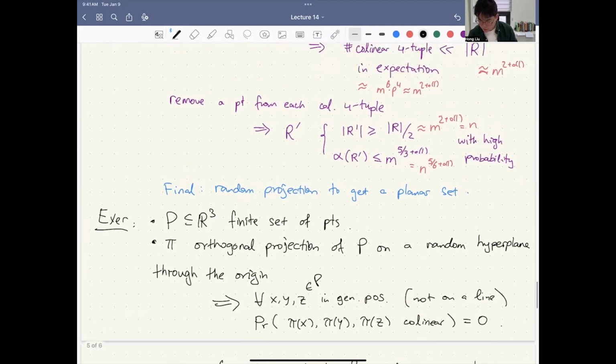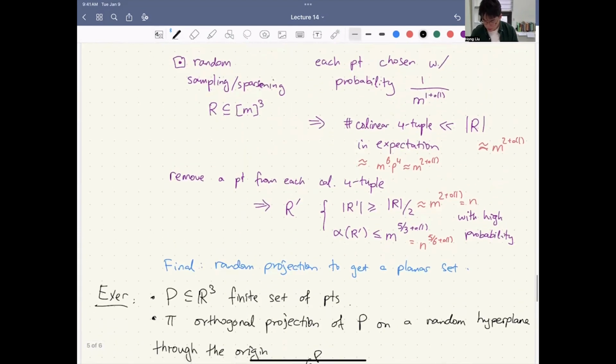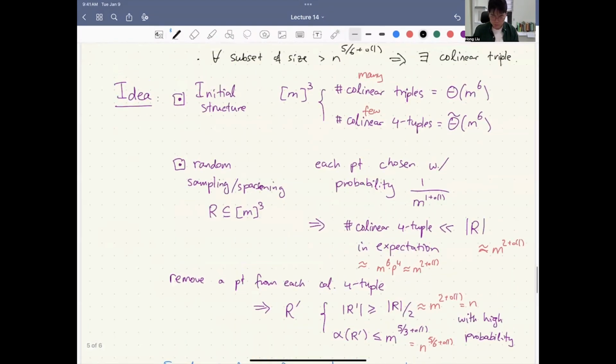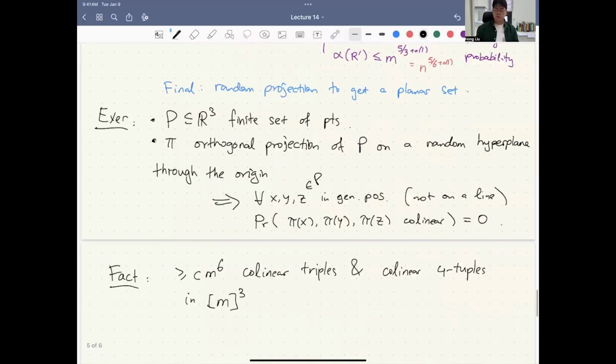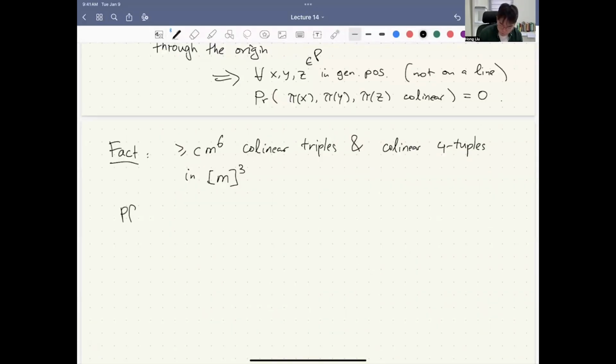Actually, let me write it as a lemma. Proof. Why is this easy? How do we get many collinear triples and collinear 4-tuples? Basically, you can just do this.